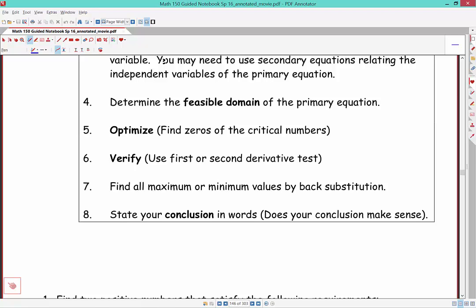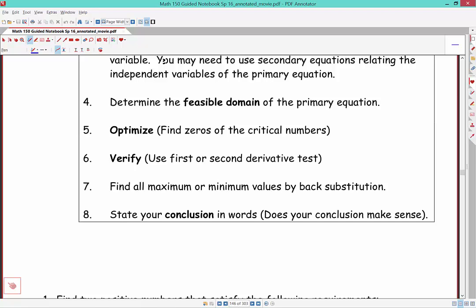Then optimize by finding the zeros of the critical numbers. And part of the optimization is to verify. So you need to use the first or second derivative test to ensure that you have indeed found a maximum or minimum. And then find all the values by back substitution, and then write your conclusion in words.